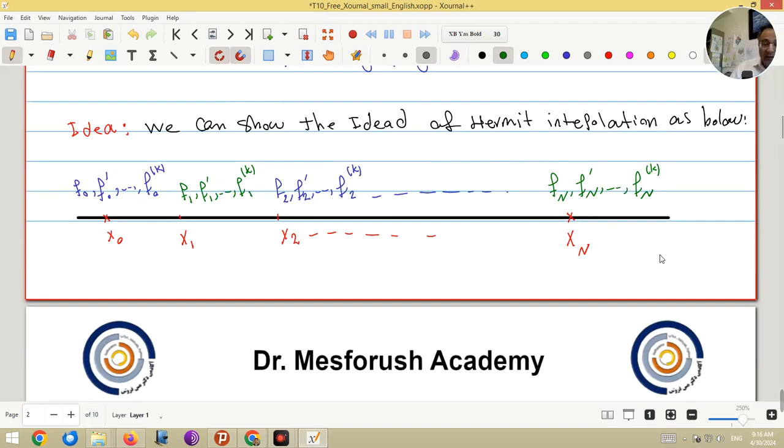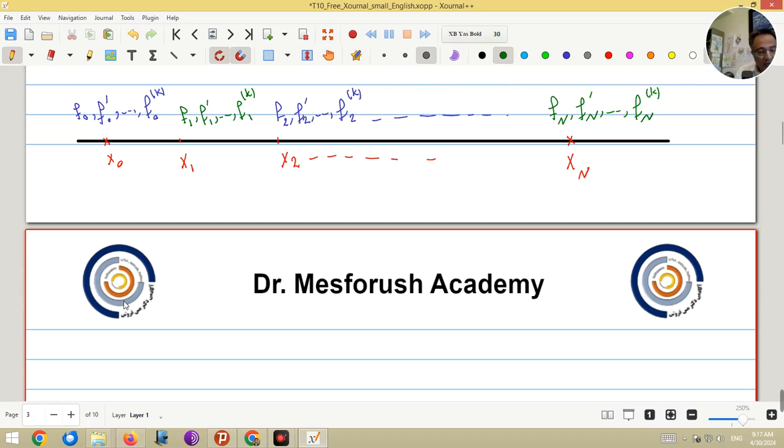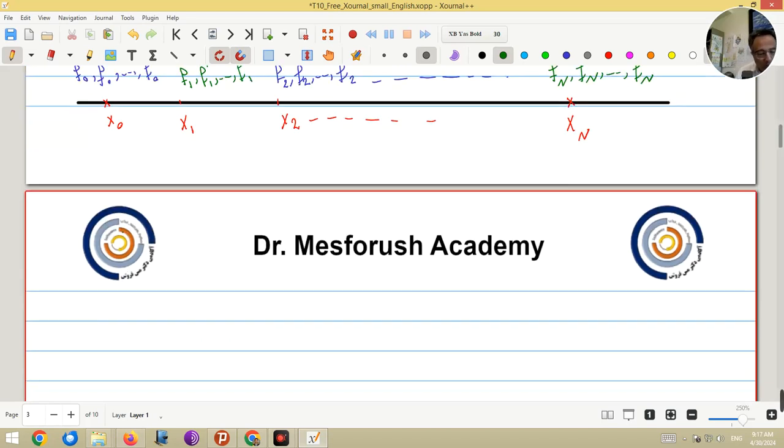Now, if there exists such a polynomial that in fact be equal to f0, f prime of 0, and fk of 0 at x0, some equality should happen.